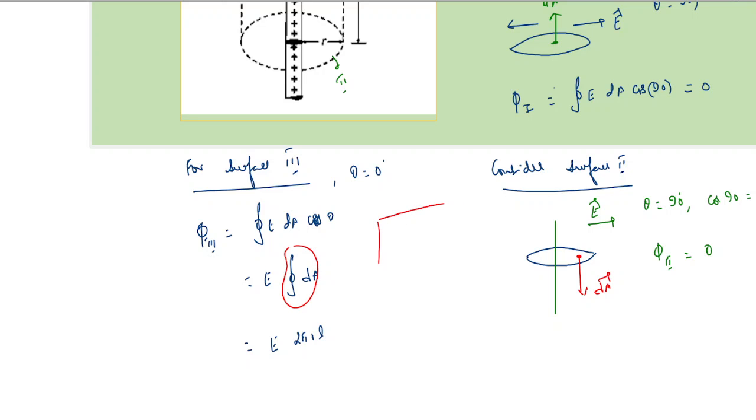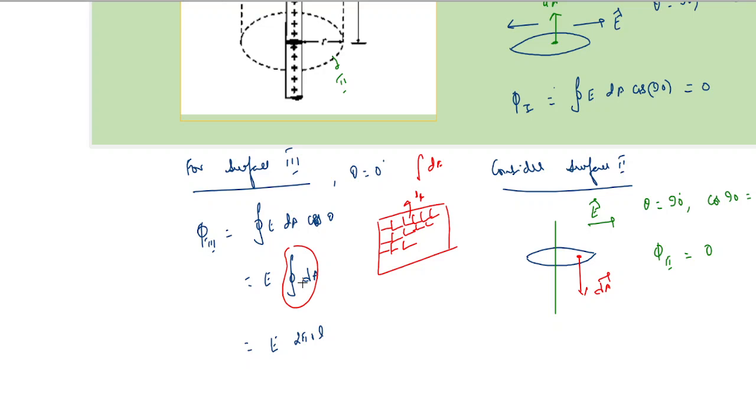Imagine that you have something of this kind, and you divide it into small elemental regions, and take any one as dA. If we integrate this over the entire region, then what we get is its total area.